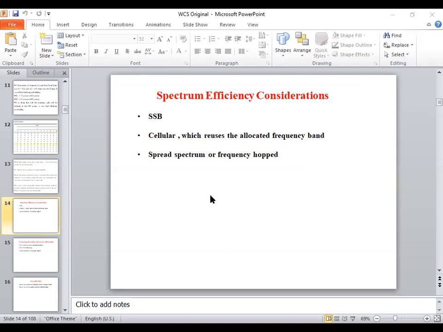Next is spread spectrum or frequency hop, which generates many codes over a wide frequency band so that we can accommodate more customers. So with these techniques, we can use the spectrum efficiently.